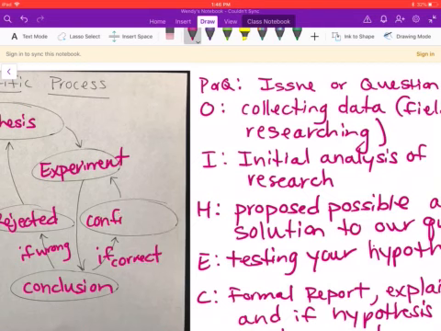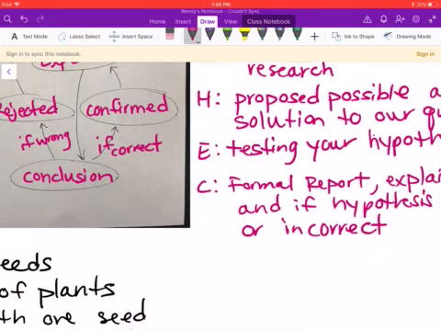and we have confirmed our possible solution, then we want to reproduce our experiment and continue testing our hypothesis to prove that it is correct.